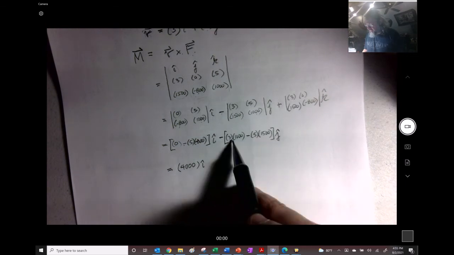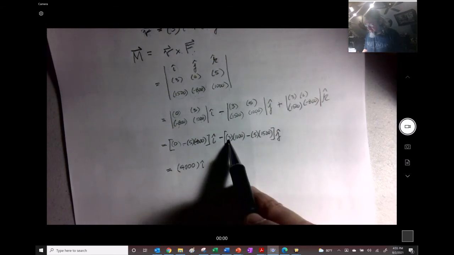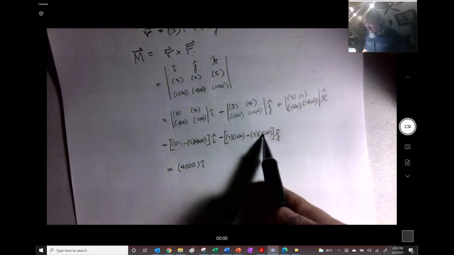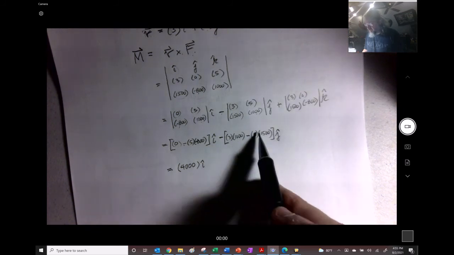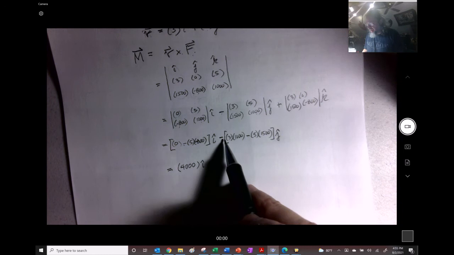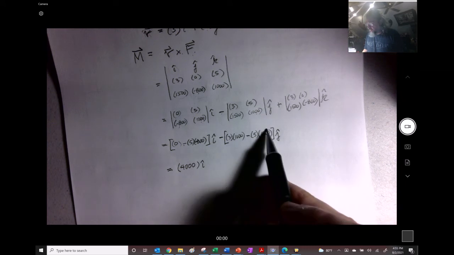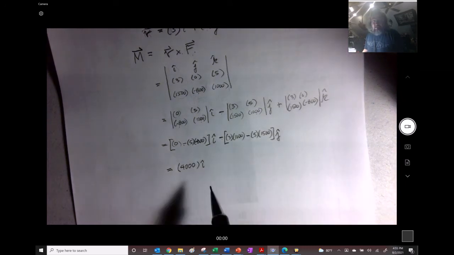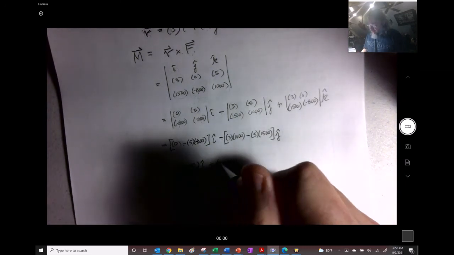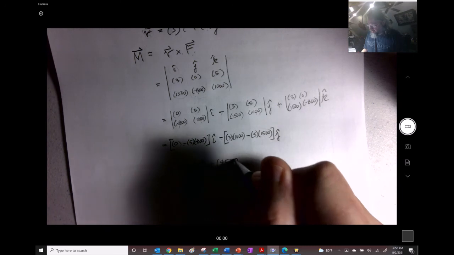Negative 7,500 minus, well, this is negative, and this is going to be added to 3,000. So inside here is a minus 4,500. Did I do that wrong? No, I did it correctly. So in here is a minus 4,500, but then there's a minus there. So it ends up being positive.